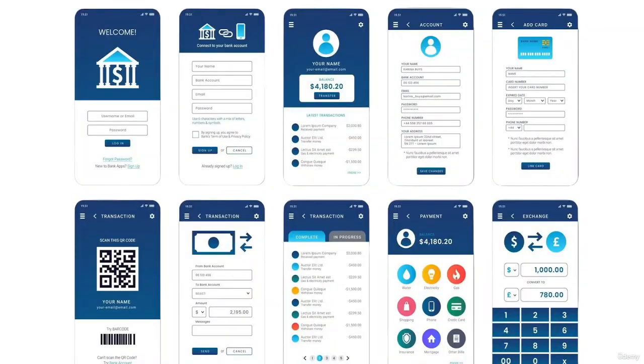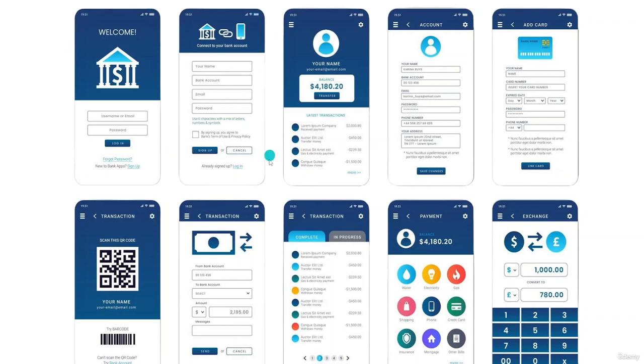So over here on my screen, as you can see, I have a total of 10 web application pages. And you know what web application pages are. Let's say this is called the home page, or the login page.